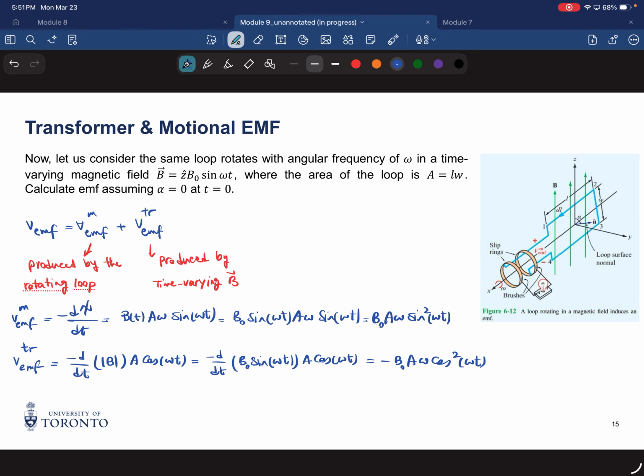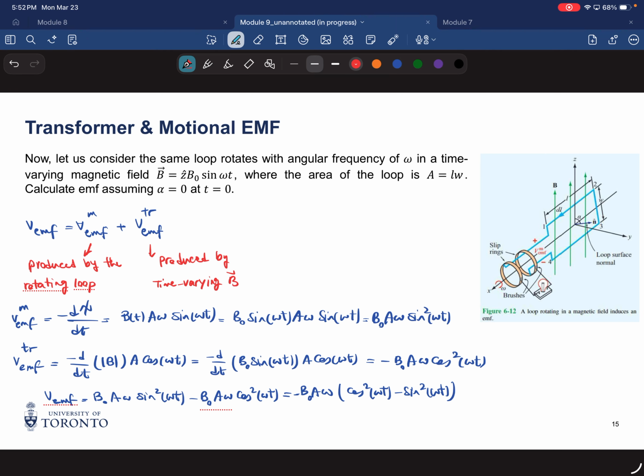Okay, so now let's find the emf total, which again we said is the summation of both the motional one plus the transformer one. This is going to be minus B naught A omega times cosine squared omega t minus sine squared omega t.